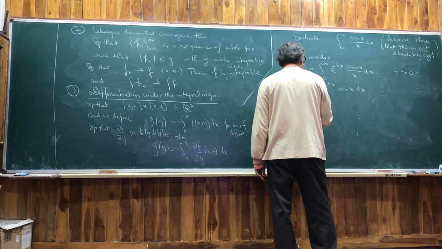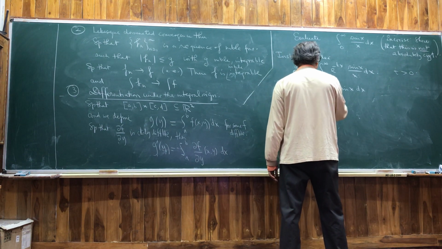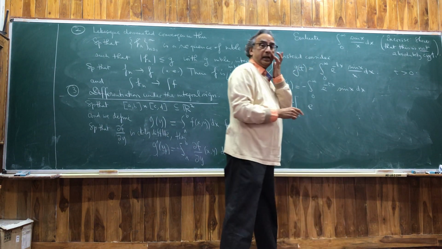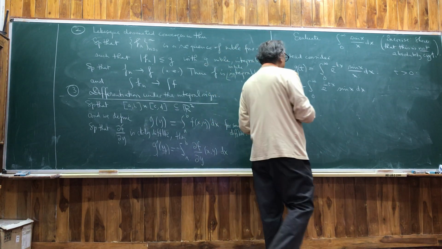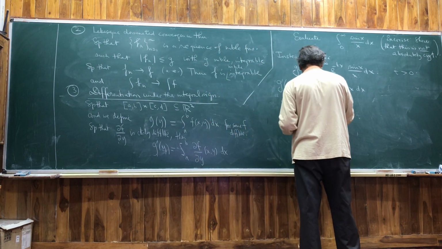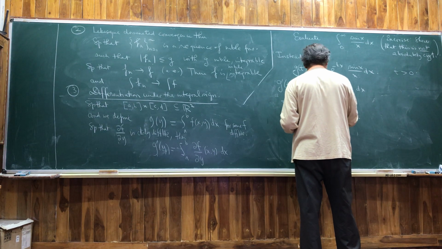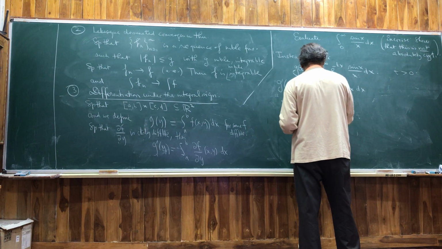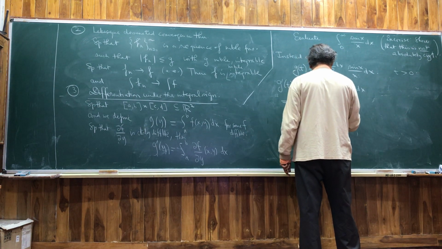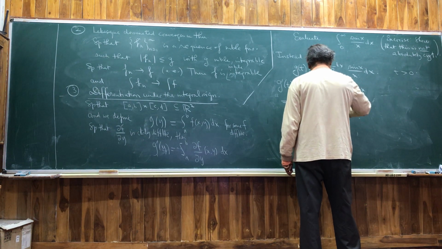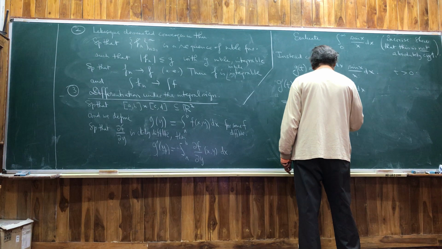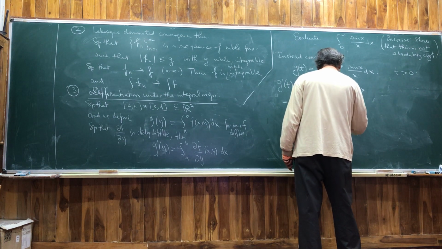So minus, let's see, how do I do this? I'm going to integrate e to the minus tx and differentiate the other one, evaluated between x equals 0 and x equals infinity.